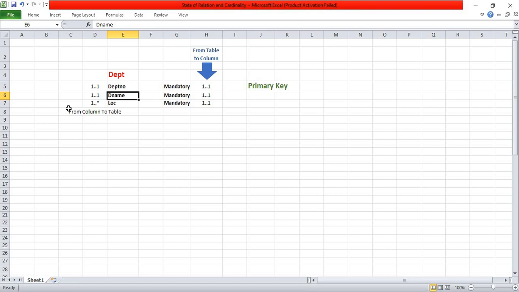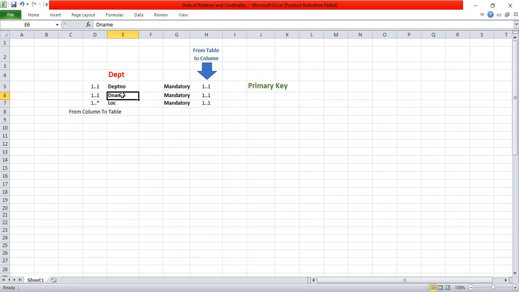So now I'm talking from column to table. Department number is one column, department name is one column, and location is one column. When I'm talking about the table, I'm talking about departments as a whole, the department of departments. So in the department of departments, can a department name exist for more than one department?